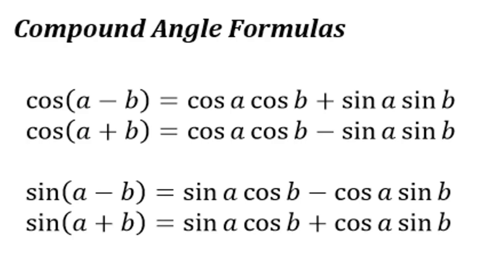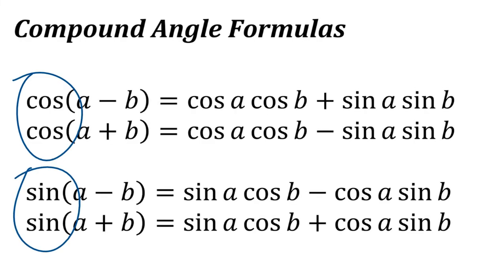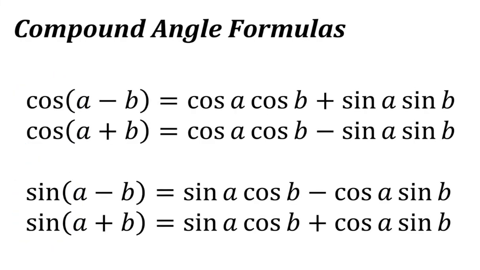Okay. And what I'm going to do before we get to using them is switch over to show the completed version of the four formulas that we're going to use. You can see two of them are cosine, two of them are sine. We call these compound angle formulas because it is the sum or difference of two angles.